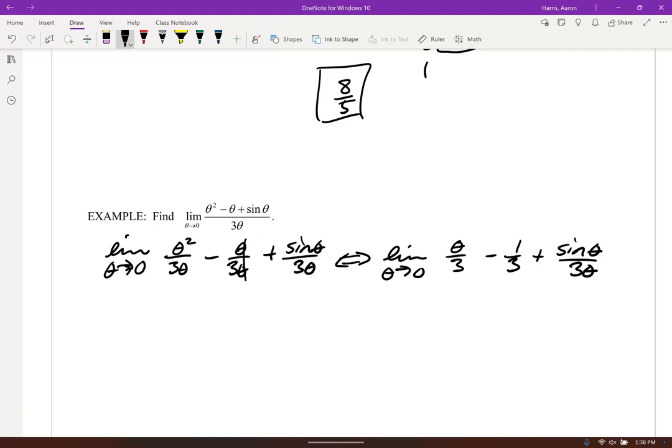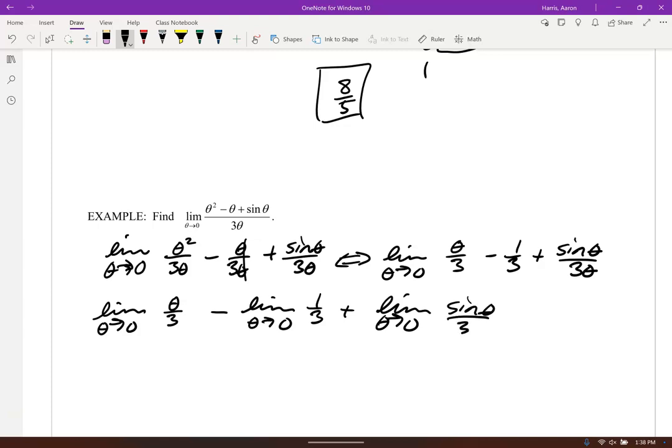And so I can break all these up if I want. The limit as theta goes to 0 of theta over 3. If you plug in 0 on that, I'll have 0 over 3, so I'll have 0 from that, minus, well, the limit as theta goes to 0 of 1/3 is just 1/3, so I'll have a 1/3 from that.